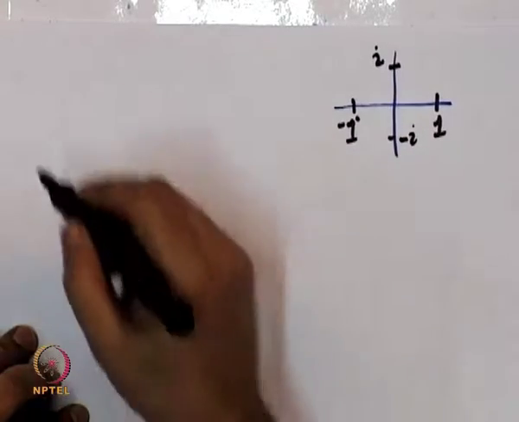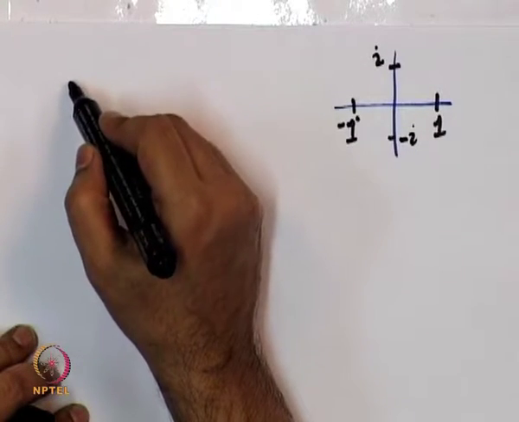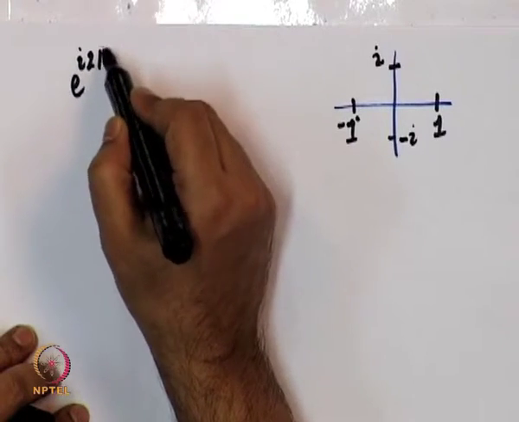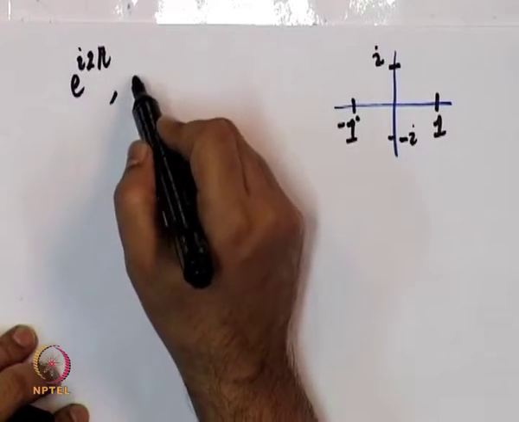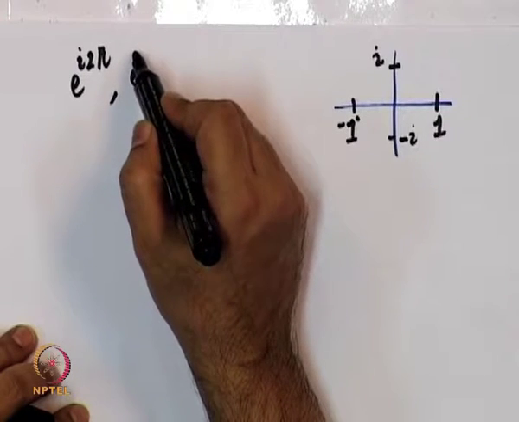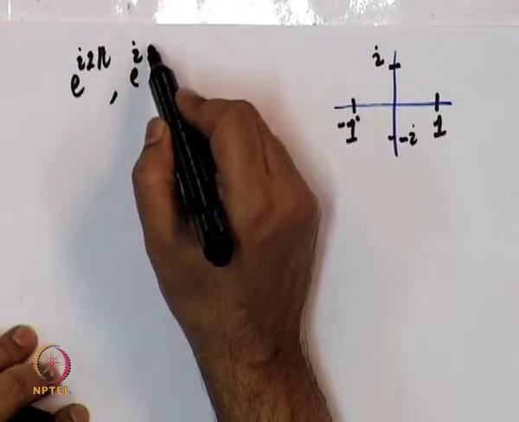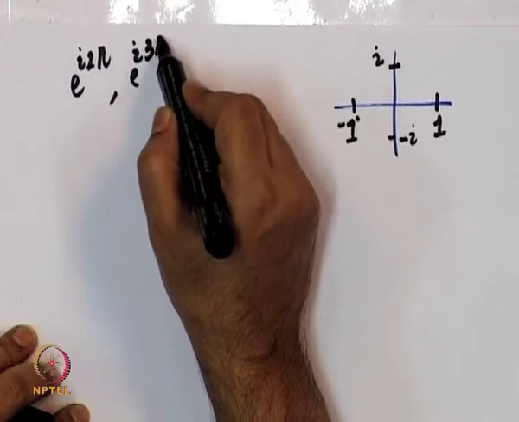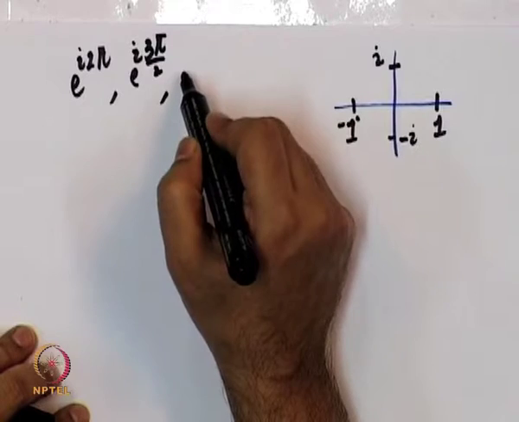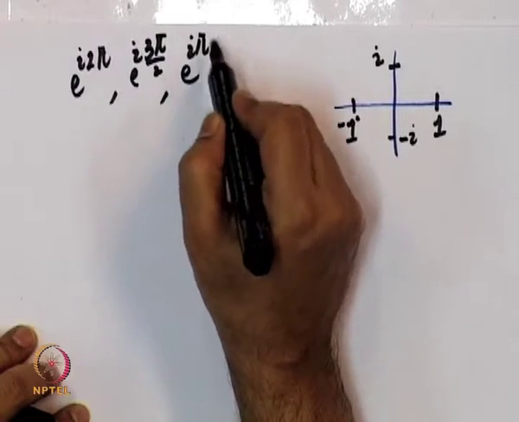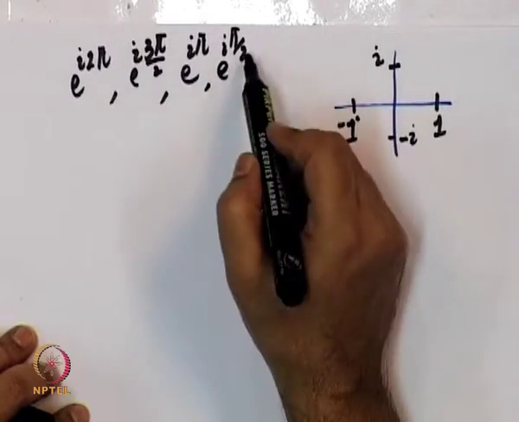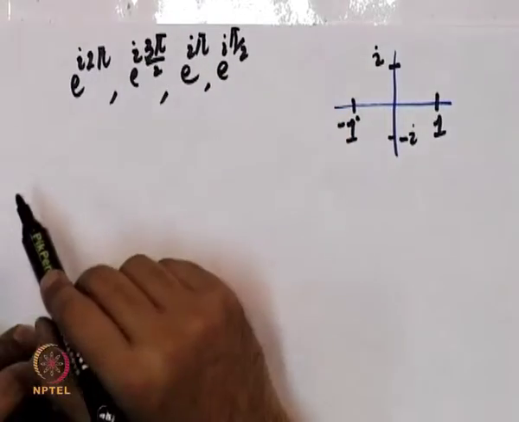Now, they can be represented as, for example, e power i 2 pi, that will be 1, e power i 3 pi by 2, and e power i pi and e power i pi by 2, right, pi by 2, pi, 3 pi by 2, 2 pi.